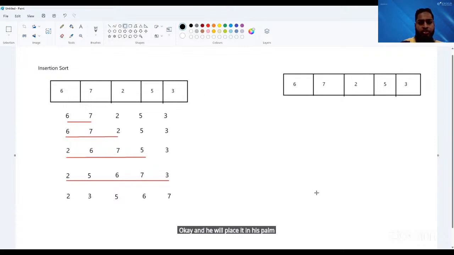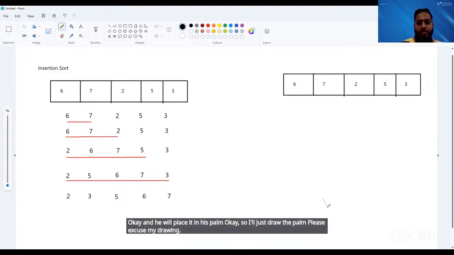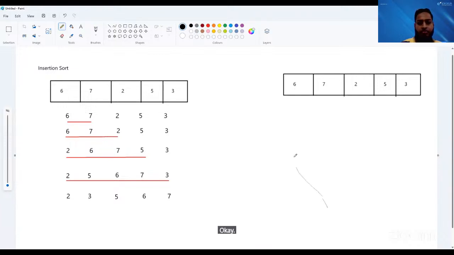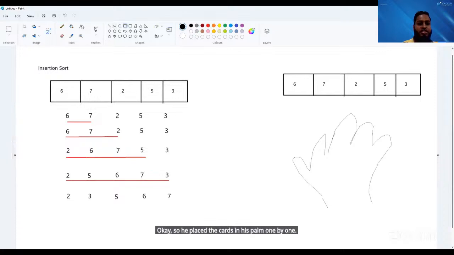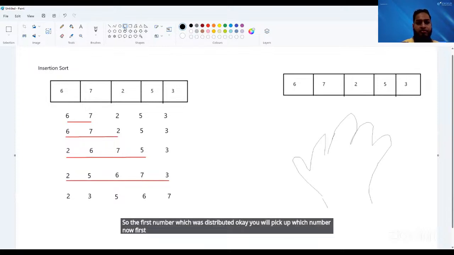So I'll just draw the palm of a hand. Please excuse my drawing. So this is the palm. He will place the cards in his palm one by one. So the first number which was distributed, which number will he pick first? He will pick 7.